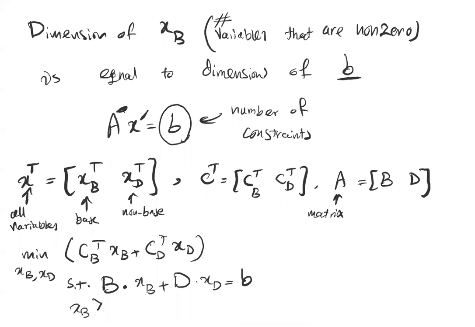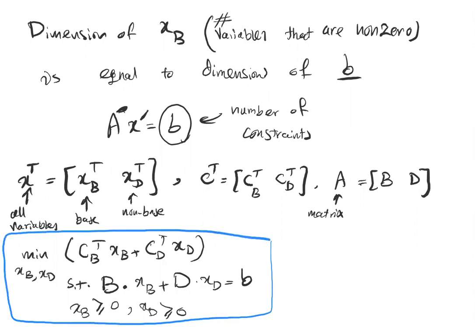X_B is greater than or equal to 0, X_D greater than or equal to 0. So here, the X_Bs are non-zero, or basic solutions, and the X_Ds are 0, or non-basic solutions.